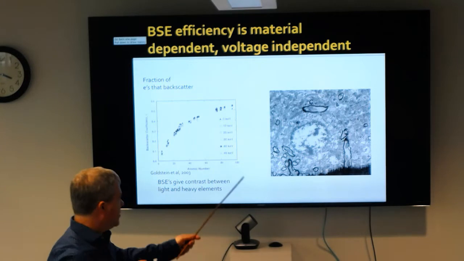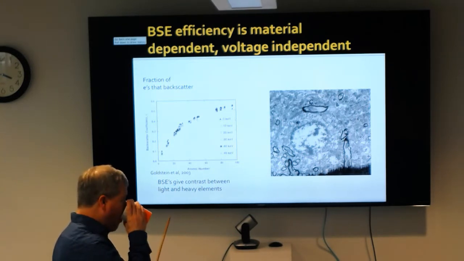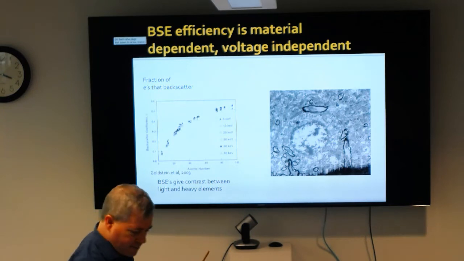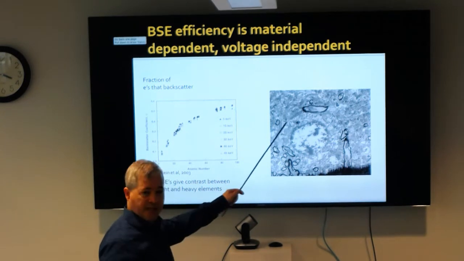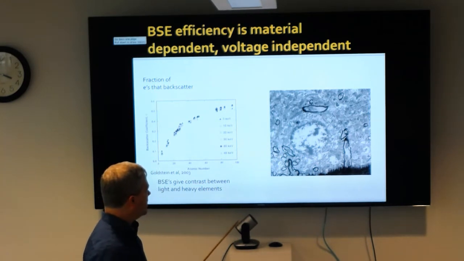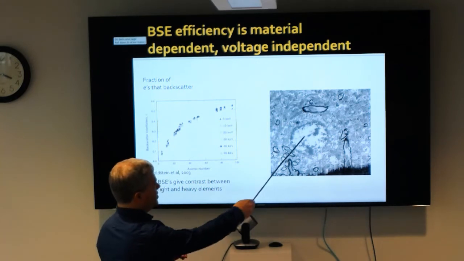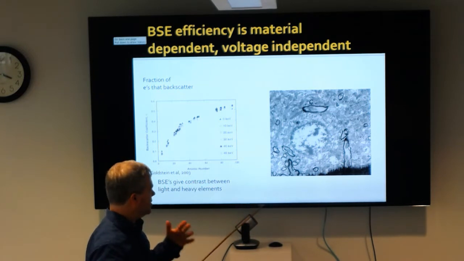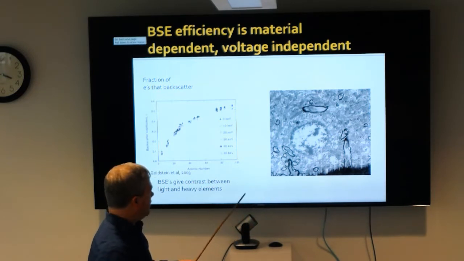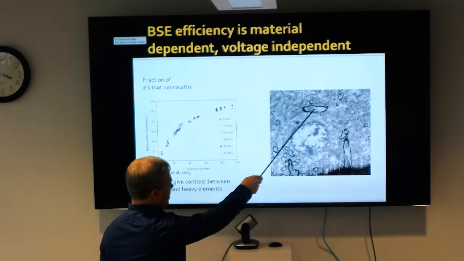On the right is a backscattered image of a stained biological sample. This is a tissue sample that's been stained with heavy metals, osmium, lead, and uranyl acetate, uranium. Basically, it's a tissue sample that was embedded in a plastic resin and stained, such that all of the organic things are stained with heavy metal salts.